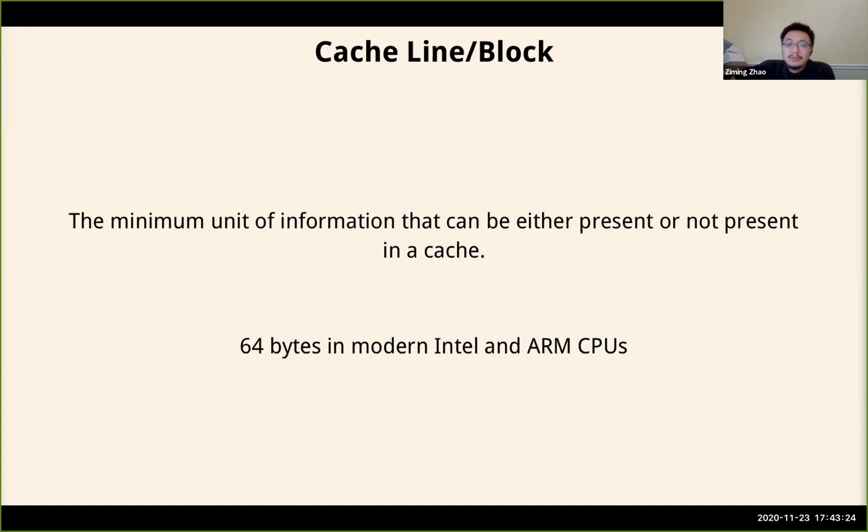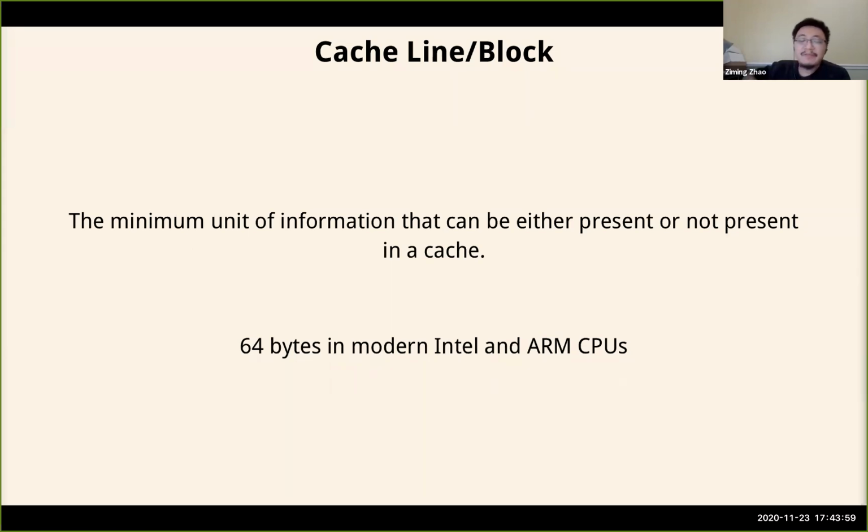Instead, you always move a very small unit of data, a minimum unit of data you want to move from memory to cache. For modern CPUs, Intel and ARM, that is called the size of a cache line or cache block. That's a minimum unit of information that can be either present or not present in a cache, and that is 64 bytes for modern Intel CPUs and ARM CPUs.